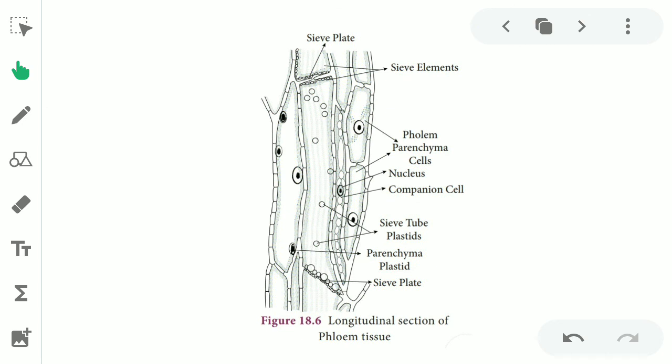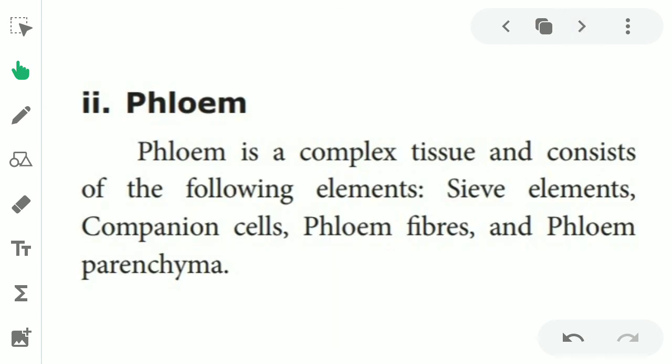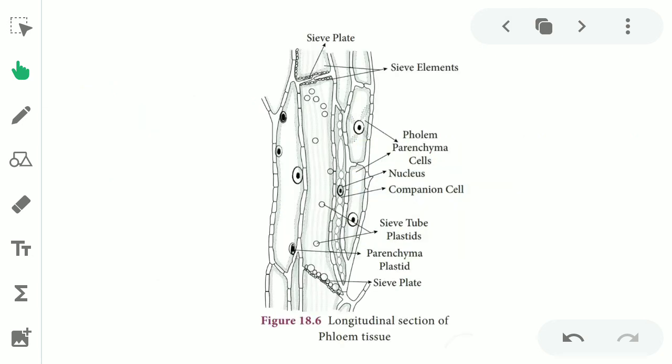This is a longitudinal section of phloem tissue. Phloem parenchyma is the same as xylem parenchyma.